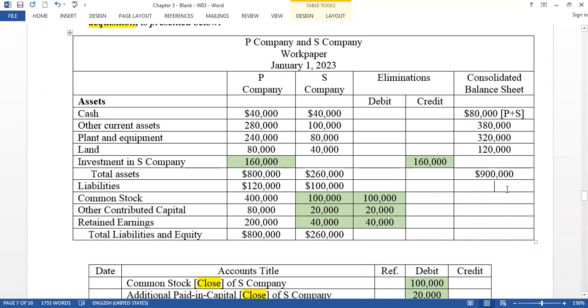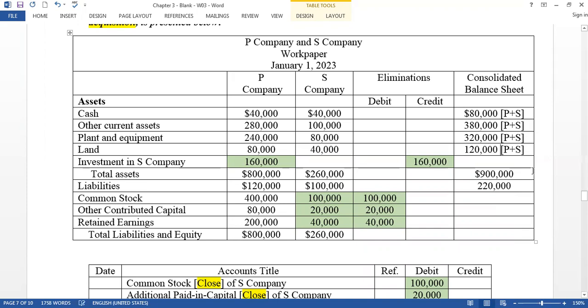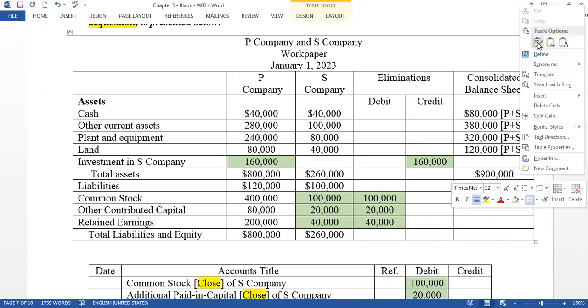Then this is the liability. Liability $220,000. So we are going to record parents company's asset and subsidiary company's asset, parents company's liability and subsidiary company's liability. And this is the total asset of parents company and subsidiary company.